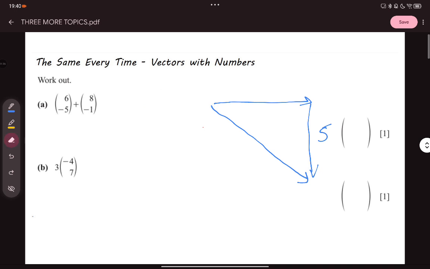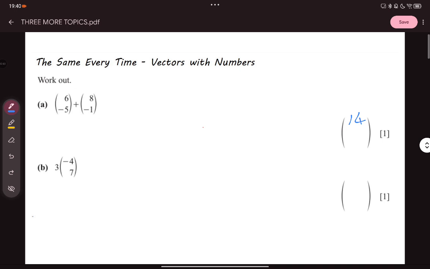But in terms of learning how to do the maths, it doesn't necessarily matter what the vector actually means. We can learn how to do the questions anyway. So when I'm adding vectors together, I literally do exactly what you would think I do. I add along the top and I add along the bottom. Along the top, 6 plus 8 will give me 14.